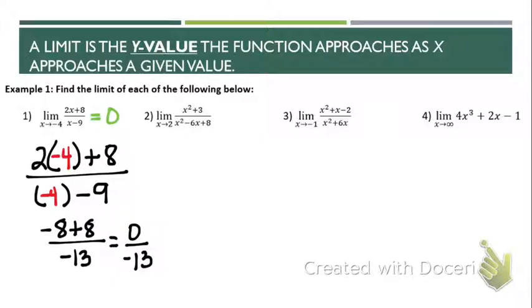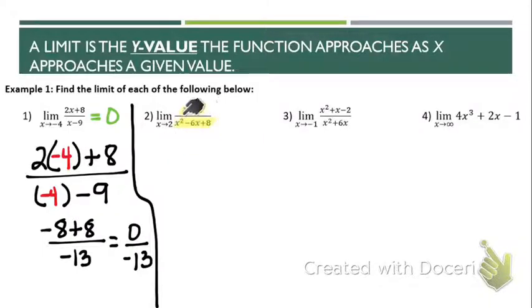All right, let's go ahead and look at the second one. I'll try to write a little smaller. So now we have our function right here. And what is x approaching? 2. Good. This symbol means approaches.